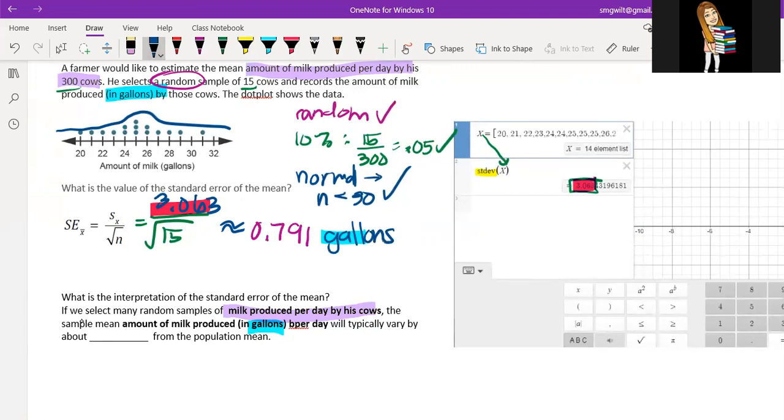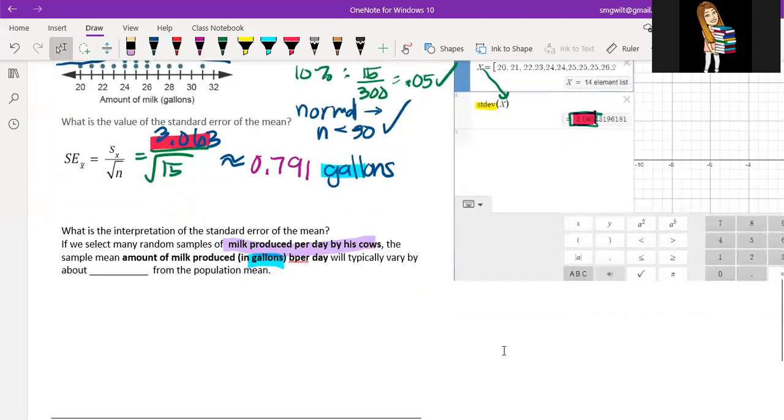So what does that mean in the context of the problem? Standard error tells us the variation of our sample mean from the population mean. So what is the interpretation of the standard error of the mean? If we select many random samples of milk produced per day by his cows, the sample mean of the amount of milk produced in gallons per day will typically vary by about 0.791 gallons from the population mean.